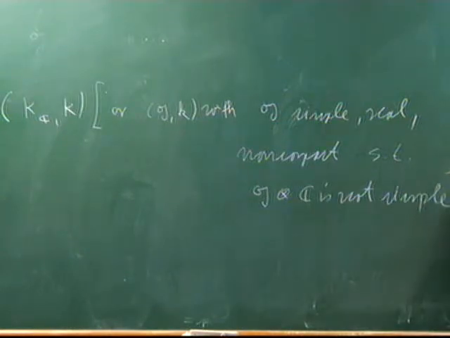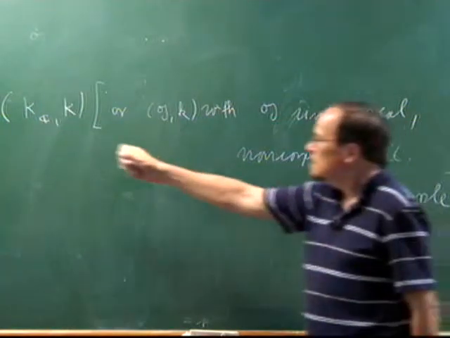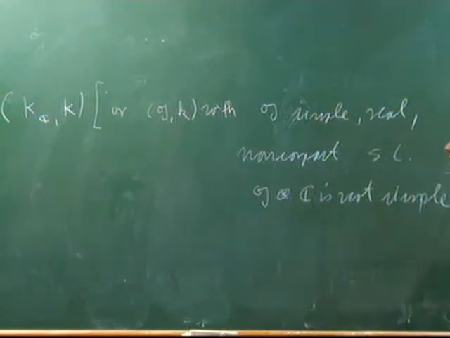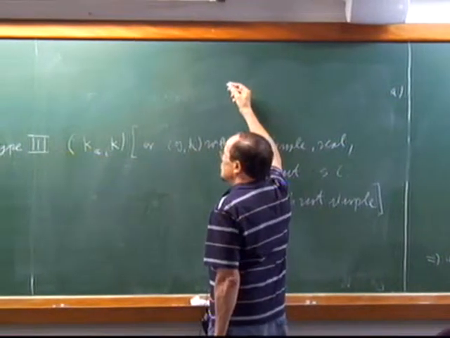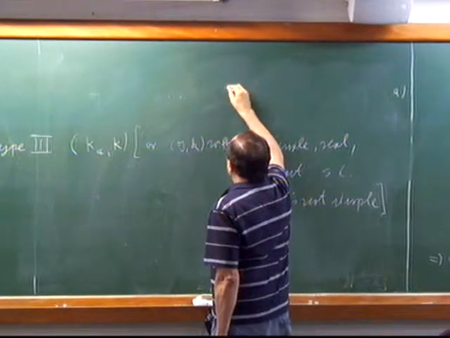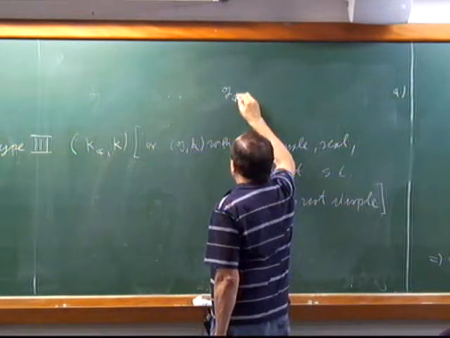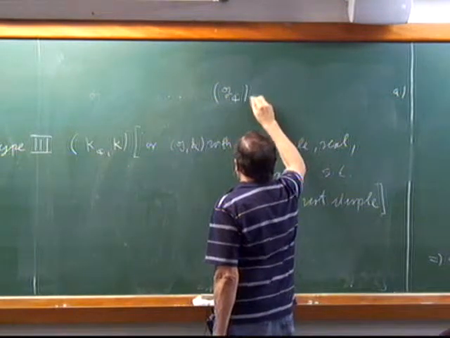That's what I claim is an equivalent description of what all the pairs of this type look like. Because remember, there's one identity that if I take a Lie algebra, I complexify, then I regard it as a real Lie algebra.